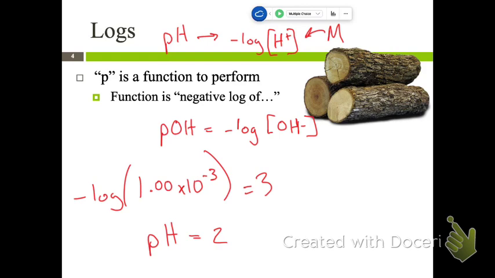It means it's acidic. What's the concentration of H plus ions? So H plus ion concentration. We do square brackets to say molarity or concentration of a molarity. It's kind of a shortcut. 1 times 10 to the negative 2.